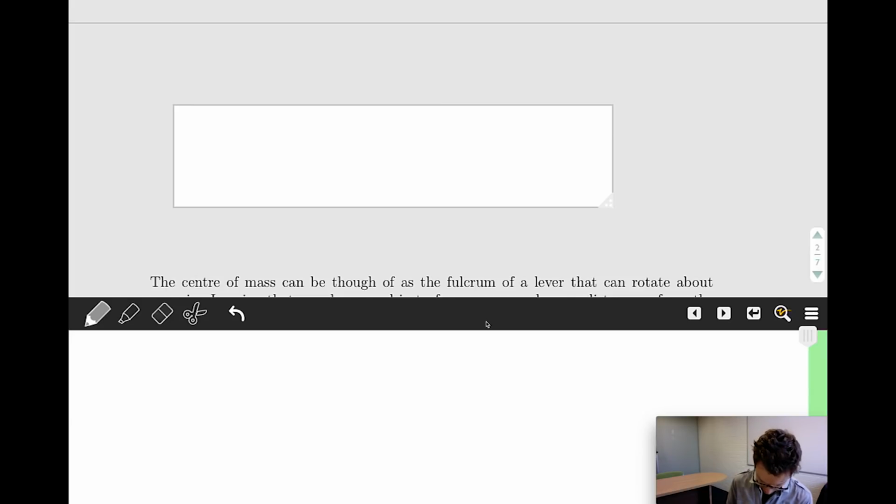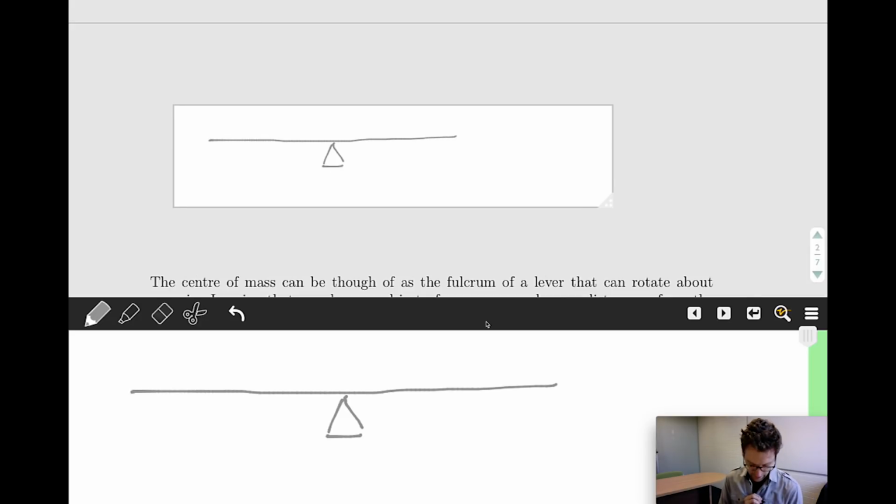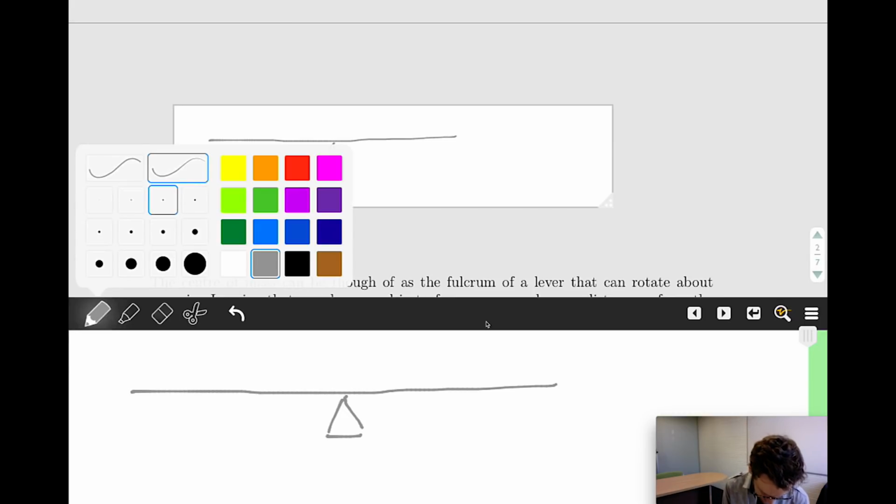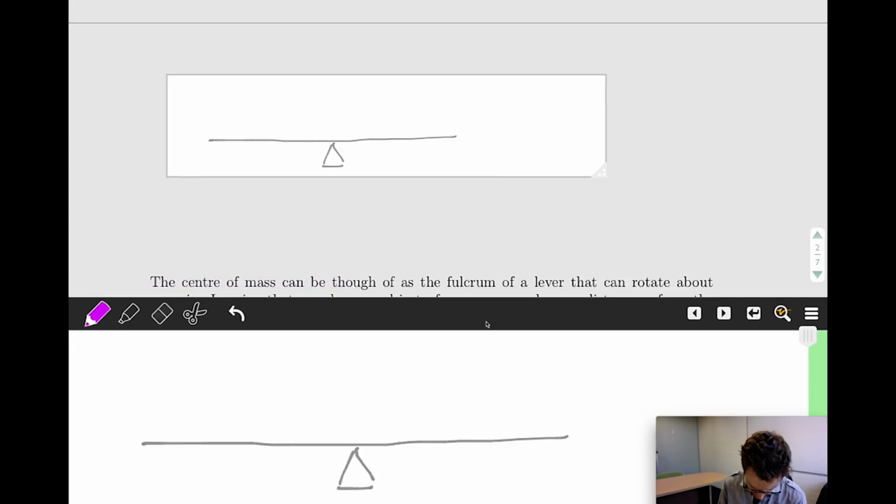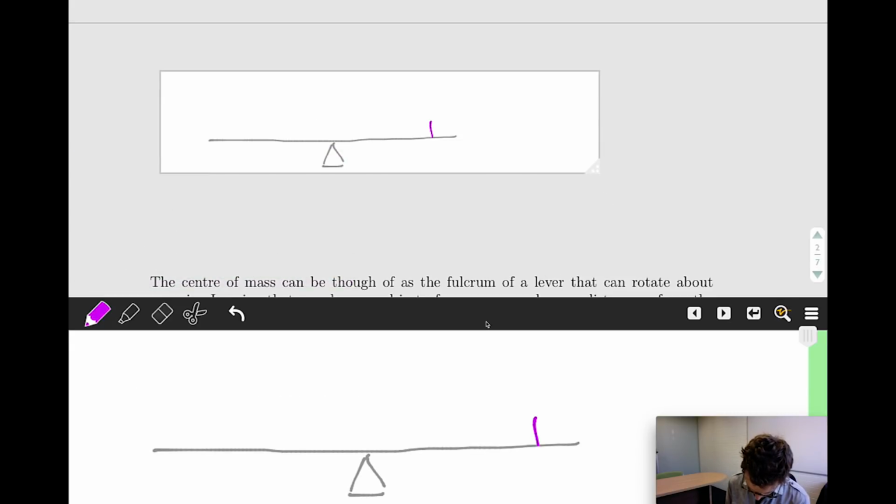let's draw a little seesaw here like you'd find in a kid's park, and imagine I've got a plank on top of this fulcrum, and I place a mass on this seesaw. So here's my mass. Let's give it an amount m. That's the mass of that object. You can see that placing that mass there is going to tip this thing over.